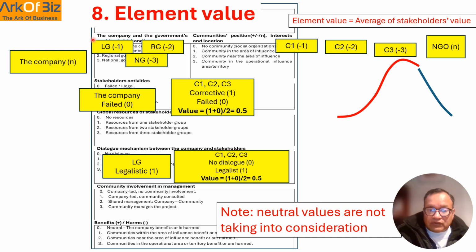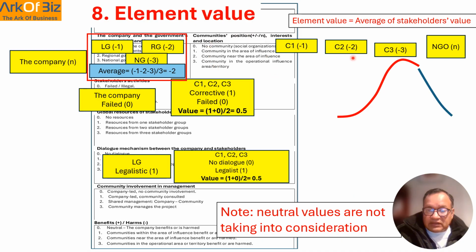So how to calculate the company and government's element value? We need to calculate the average of these three stakeholders. Remember, neutral values are not taken into account. So the average for this element is -1, -2, -3 divided by 3. This is -2.